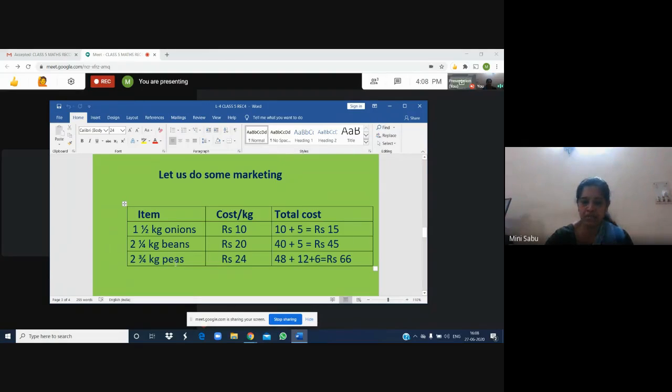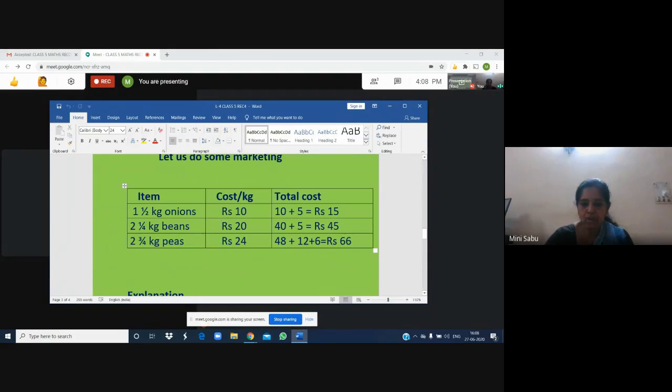Okay, 3 items. Then in the next box, cost per kg. For 1 kg, what is the cost? It is given. Onion 1 kg, 10 rupees. Beans 1 kg, 20 rupees. Peas 1 kg, 24 rupees. We have to find out the total cost. See, 1 kg, it is 10 rupees.